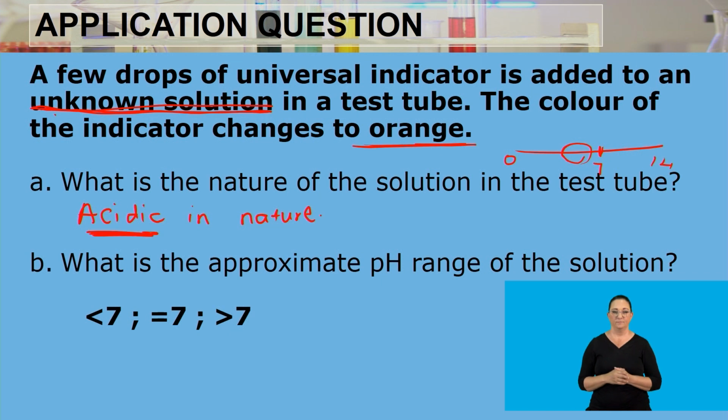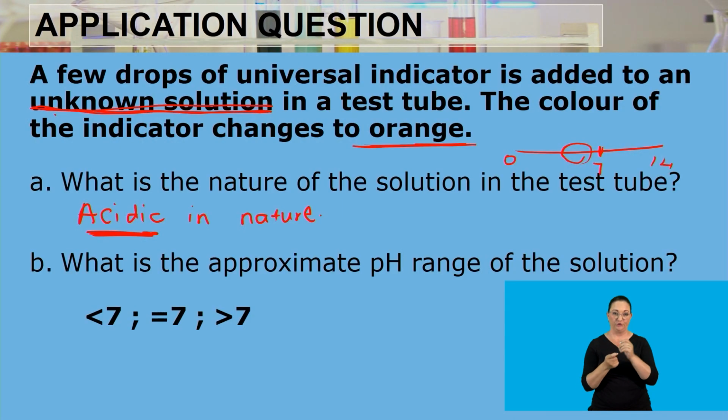So what is the approximate pH range of this solution? We just said this solution is acidic in nature. Remember that we don't have a specific pH value for this particular solution because it's unknown. But all we know is that this substance turned the universal indicator orange, which translates to the substance being acidic. If it's acidic, it must have a pH ranging between 0 and less than 7.